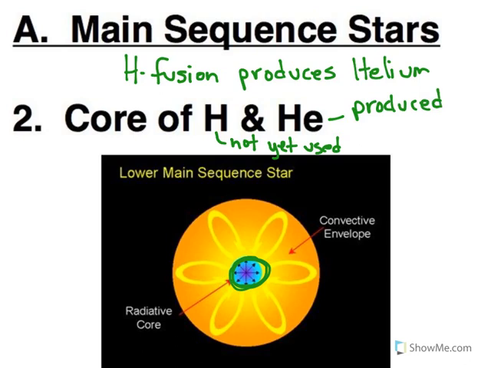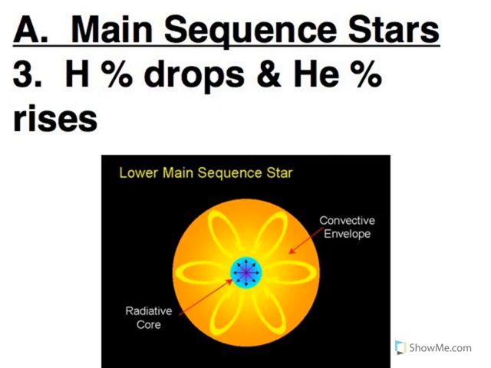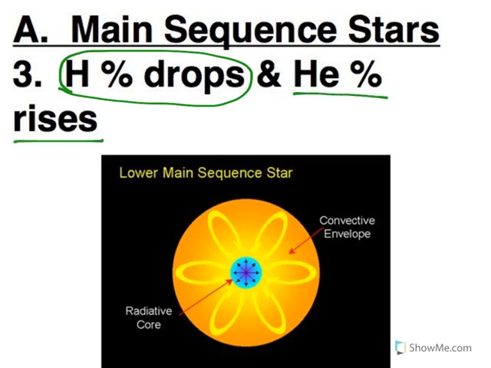And of course, over time, that proportion is going to change. So, every time a hydrogen fusion process occurs, there's less hydrogen. And every time it occurs, there's more helium. So you're going to get less and less hydrogen, more and more helium in that core.